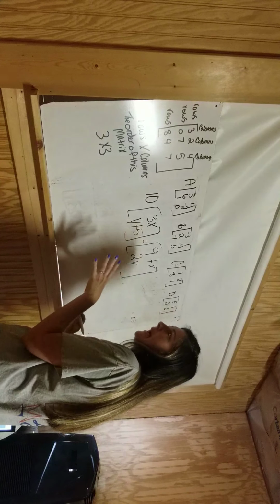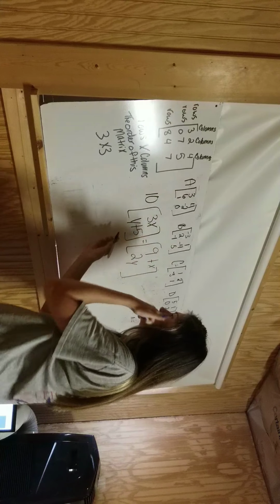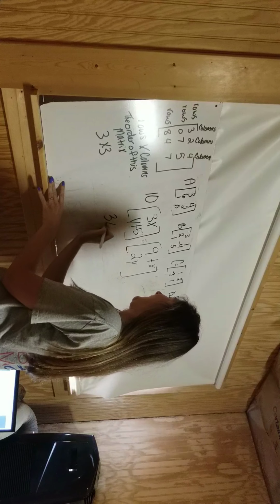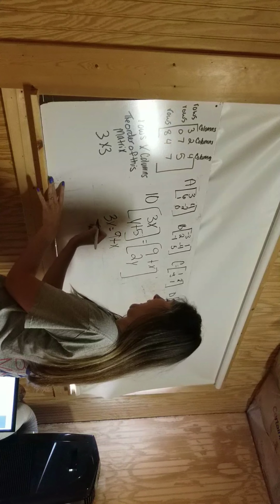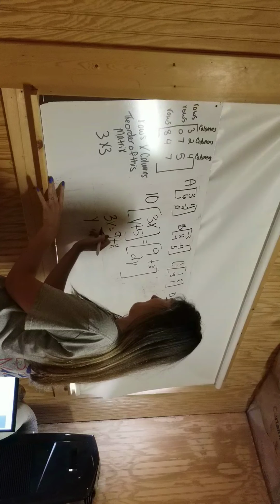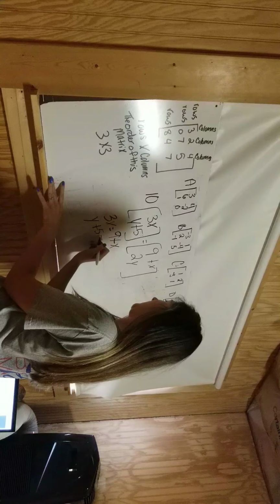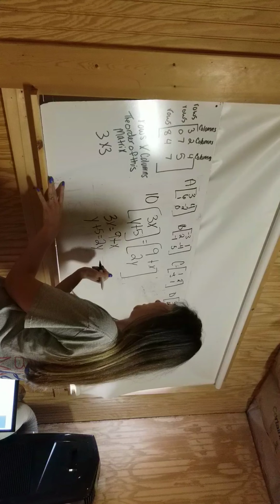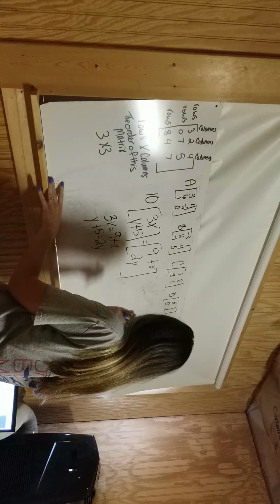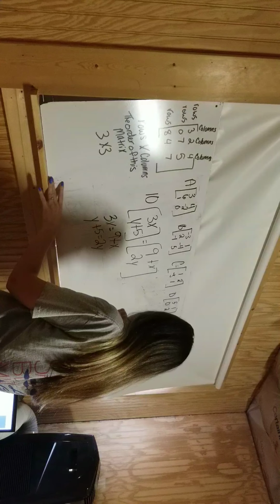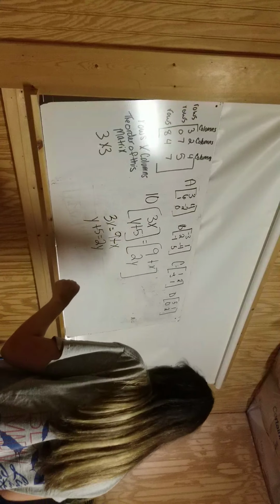From what I saw in the packet, they're taking them out of the brackets. So you're going to have 3x equals 9 plus x, and y plus 5 equals 2y. Find x and y. Alright, so we took those out of the brackets.